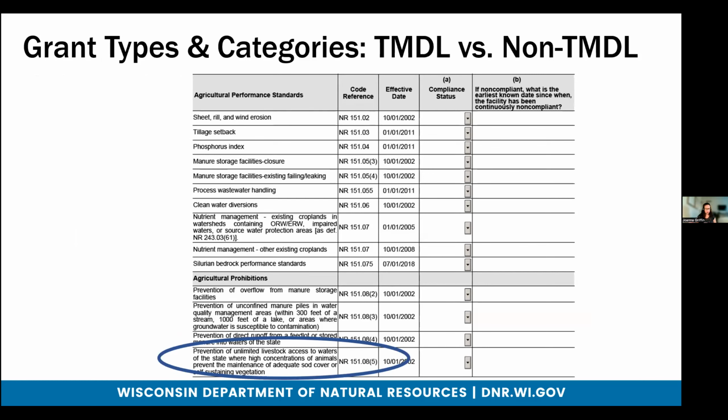Here's a list of the agricultural performance standards and prohibitions from one of the TRM grant applications. Listed at the bottom is the agricultural prohibition: prevention of unlimited livestock access to waters of the state, where high concentrations of animals prevent the maintenance of adequate sod cover or self-sustaining vegetation.